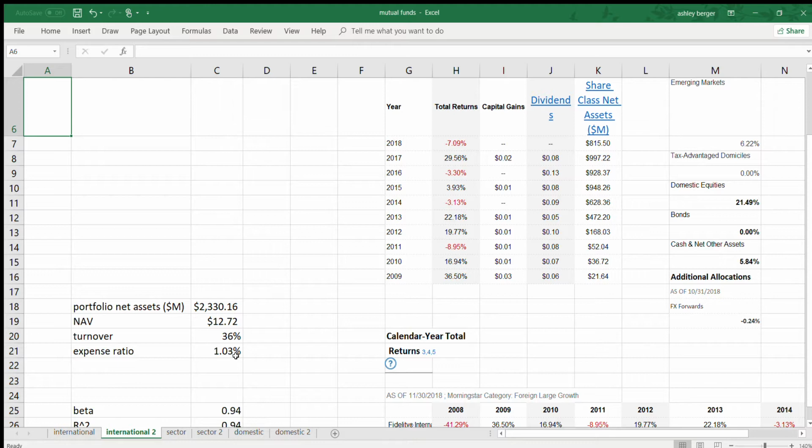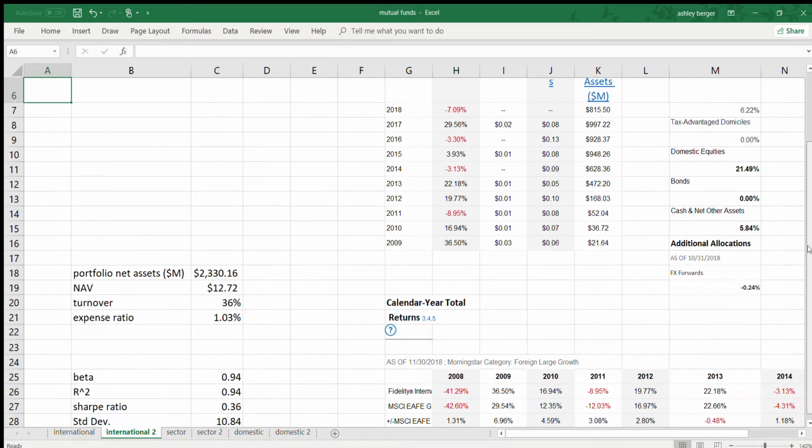Compared to the other international fund, this one has a higher portfolio net asset, a higher net asset value, and a lower turnover rate. However, the expense ratio is also higher. So this mutual fund tends to turn over a lot slower than the other international fund.